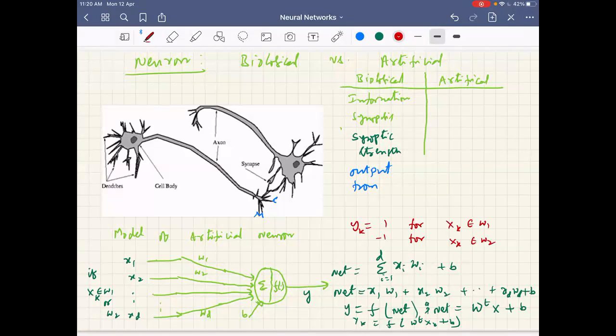So for this, f is a threshold activation function or threshold nonlinear function. If W transpose x plus b is greater than 0, I am putting it as plus 1. If W transpose x plus b is less than 0, I am putting it as minus 1. Is it correct or not? So in the previous perceptron, y was equal to W transpose x plus b only, no?